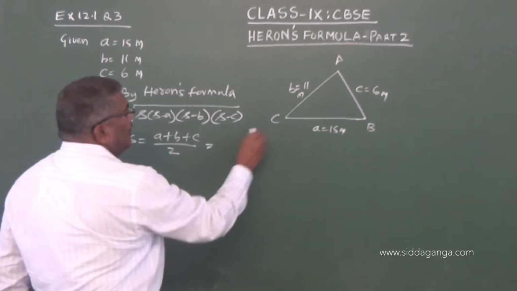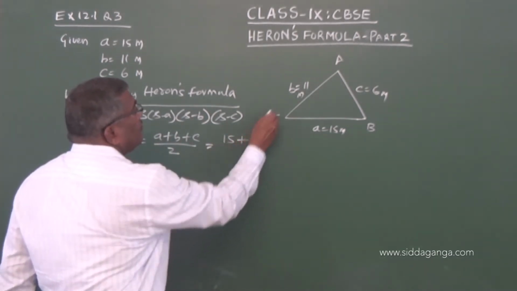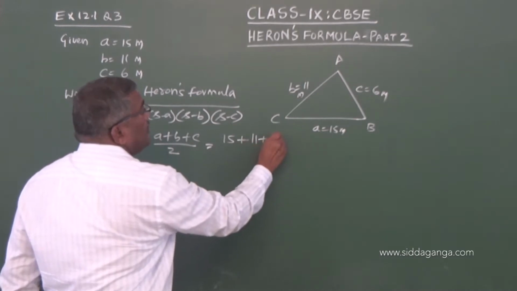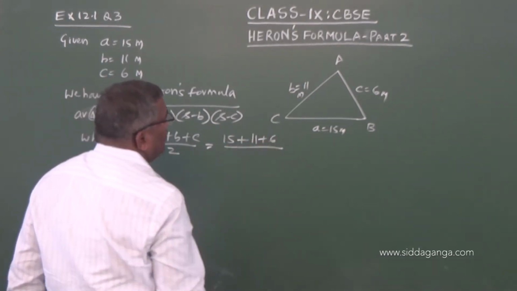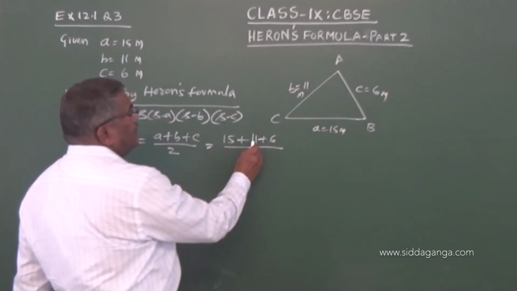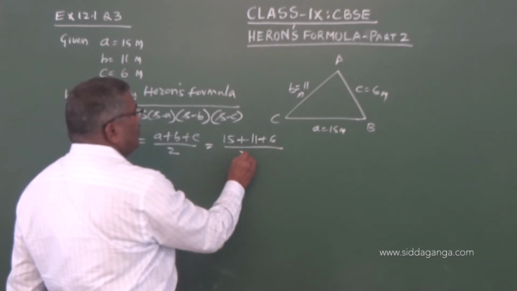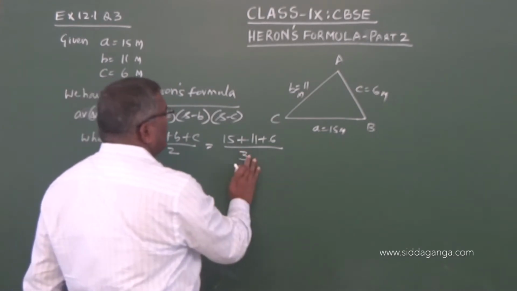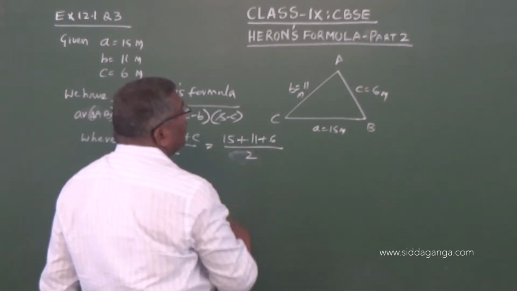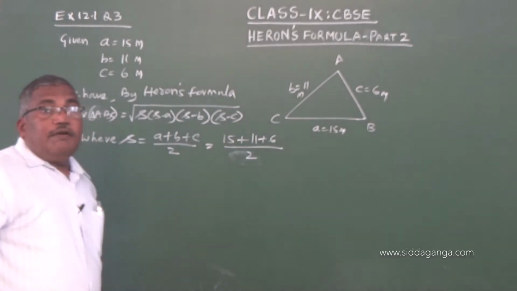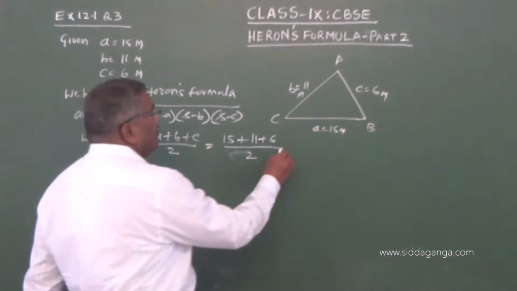This equals A is 15 plus B is 11 plus C is 6. So that is 32, divided by 2. It is not the average, it is half of the perimeter.